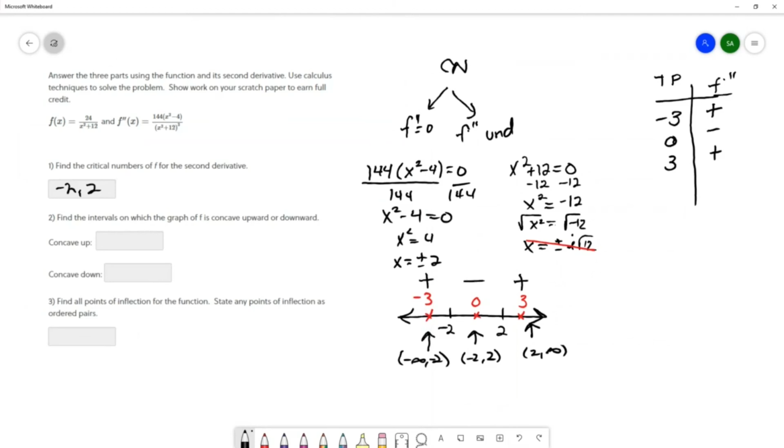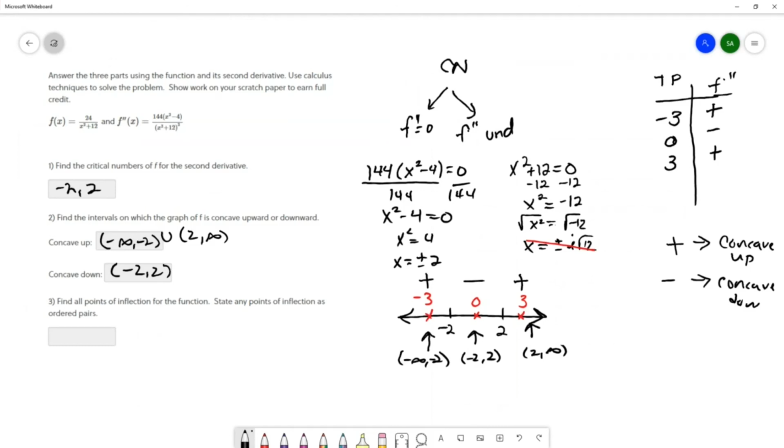Anytime we get positive, that's going to tell us concave up. We get a negative, that tells us the function is concave down. So now we've identified that the function is concave up from negative infinity to negative 2, union with 2 to infinity, and the function is concave down from negative 2 to 2.